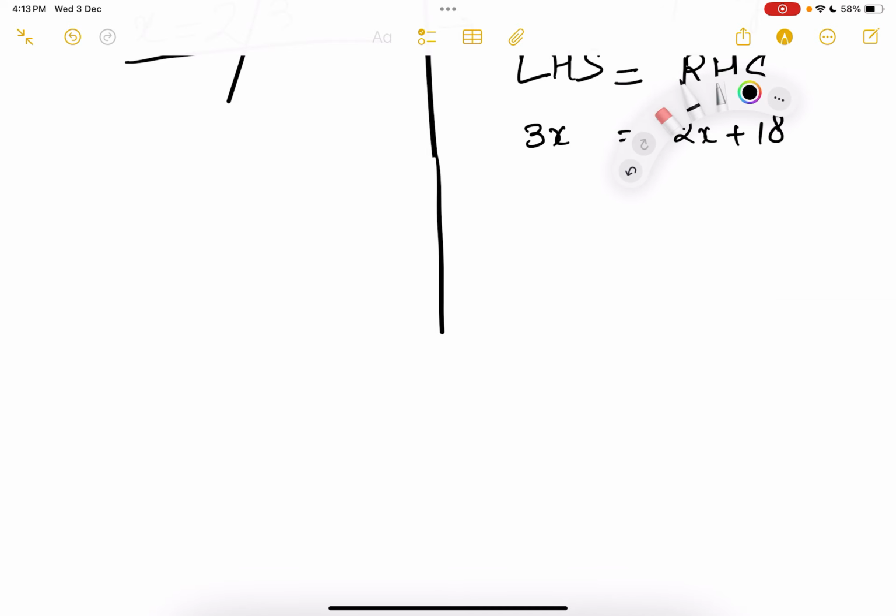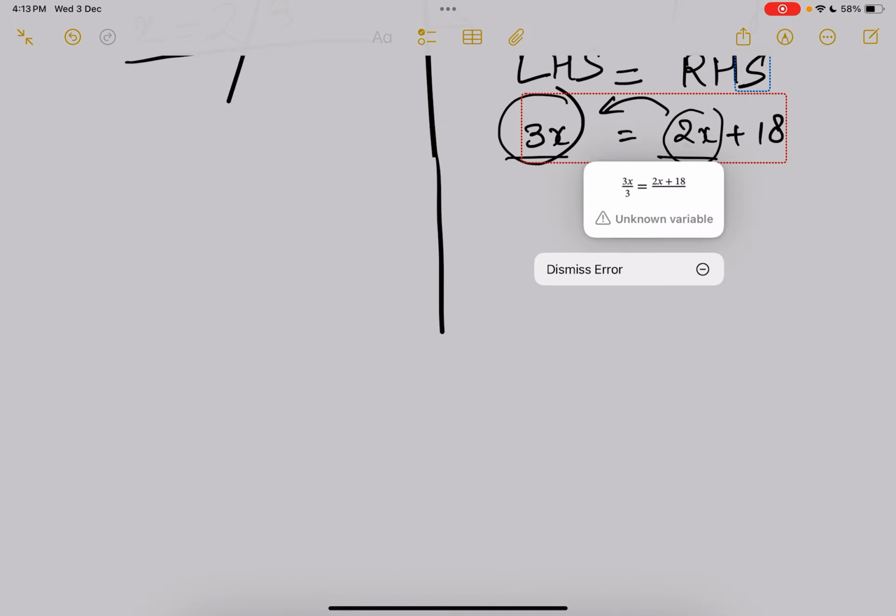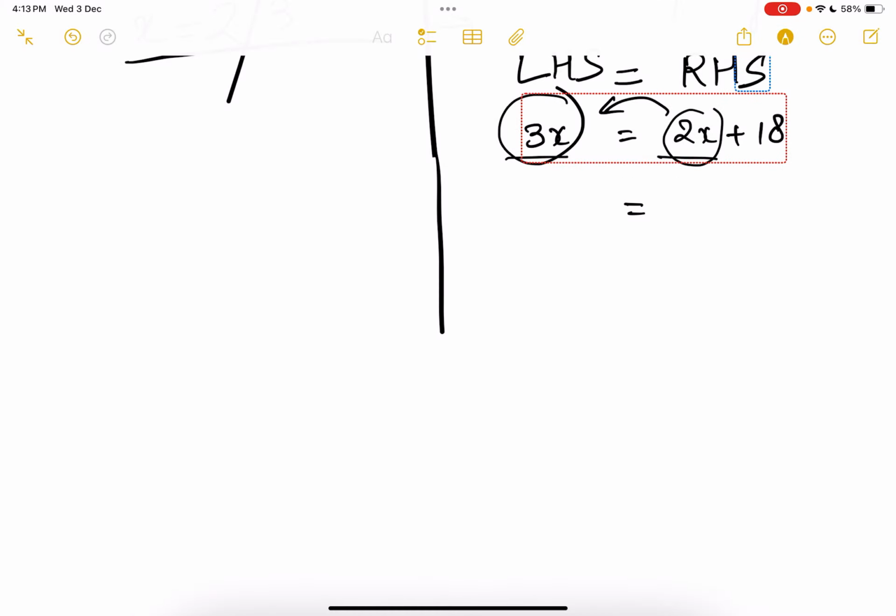Because it is addition, you can see it is 2x, it is not x by 2, it is not division. This is an expression, we're talking about these two expressions. So you bring 2x to this side, just see what is the sign in front of this. It is a plus sign.